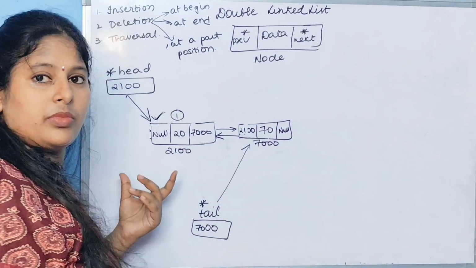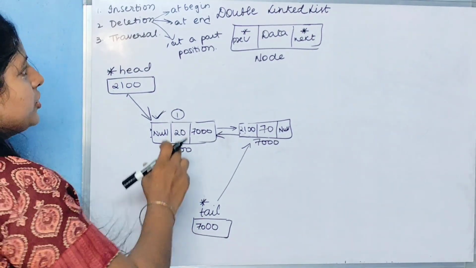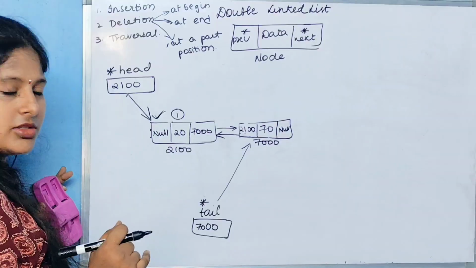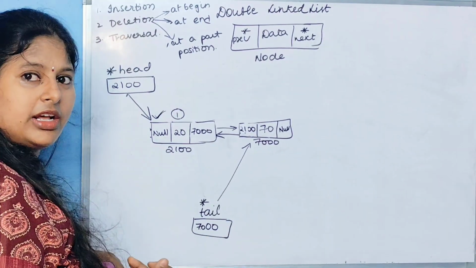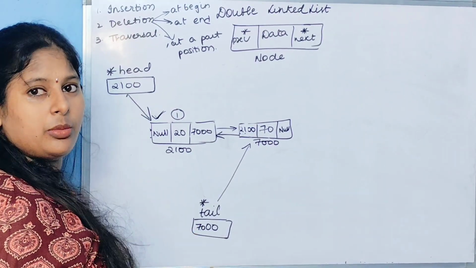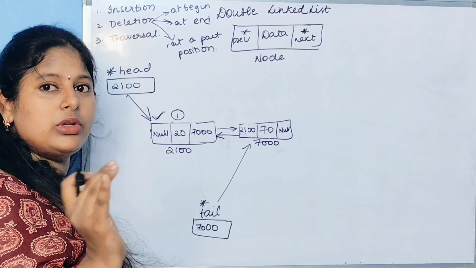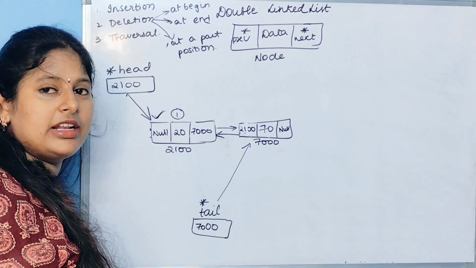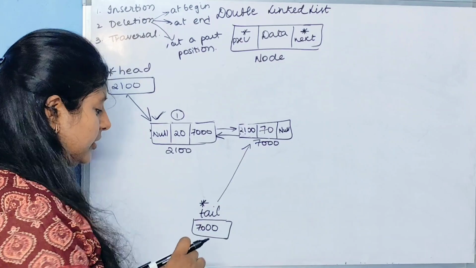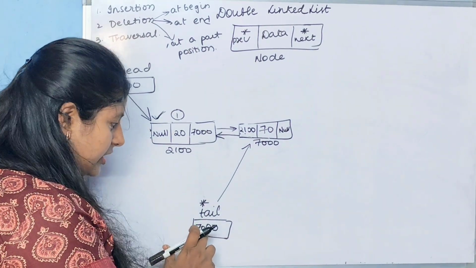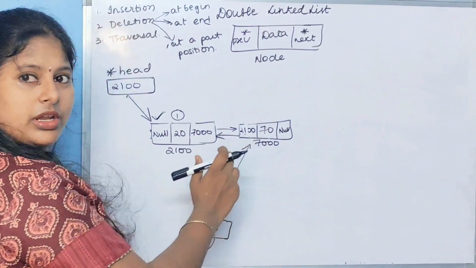Okay. Right. Now if I asked you to delete an element at end. So what is the end? How do you know the end in double linked list? With the help of tail pointer. You need not traverse from head to tail again. You can directly get the last element with the help of tail. Right? What is the address in tail? 7000. So 7000 is over here. Right?